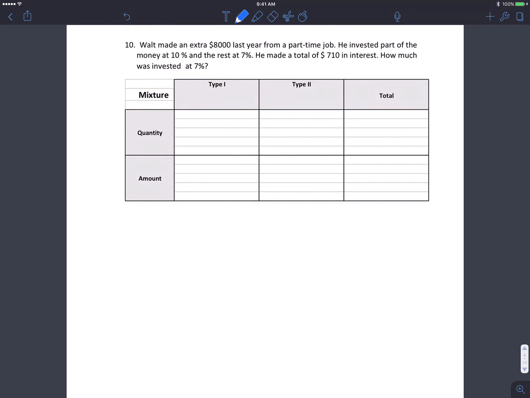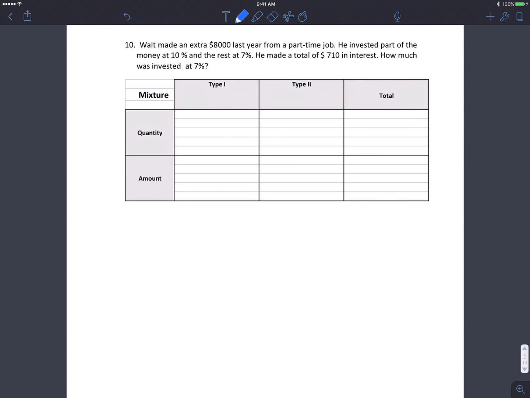Number 10. We have some investment. Walt made $8,000 last year from a part-time job. He invested part of the money at 10%, the rest at 7%. If he made a total of $710 in interest, how much was invested at 7%? Alrighty. We have two types of accounts here.